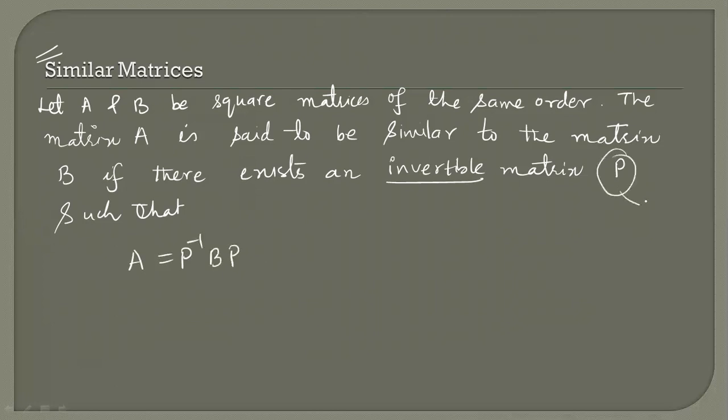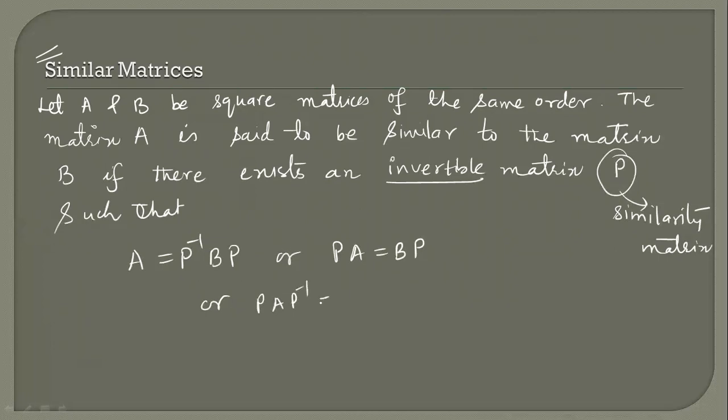This P matrix is called the similarity matrix, and it is always an invertible matrix. Or PA equal to BP, or PAP inverse equal to B. You can pre or post multiply with P inverse. You can obtain all these three results here.